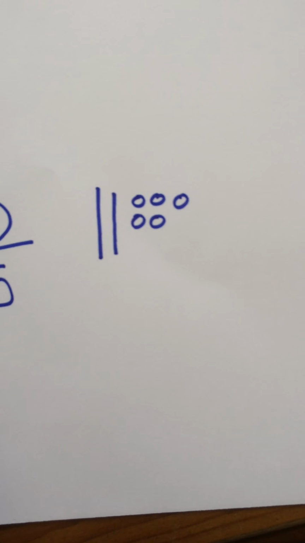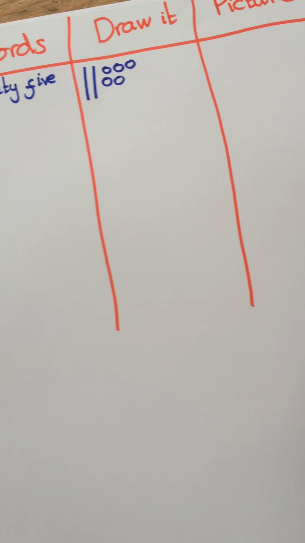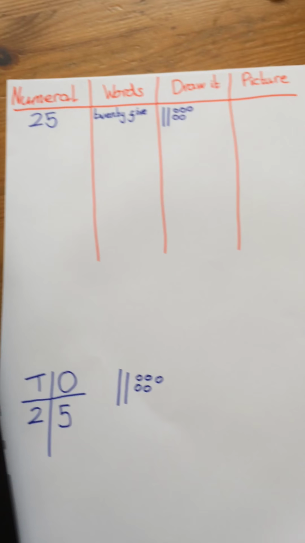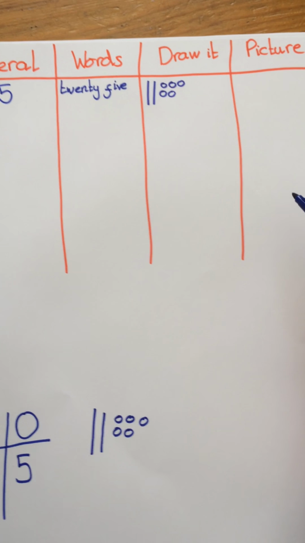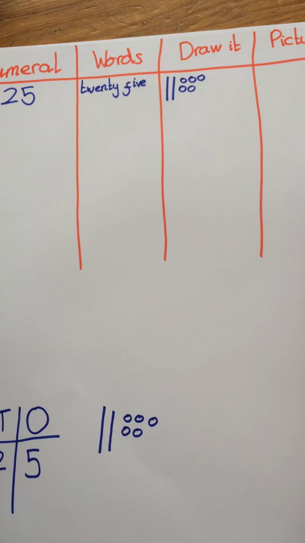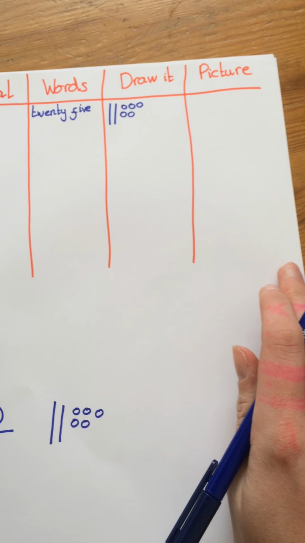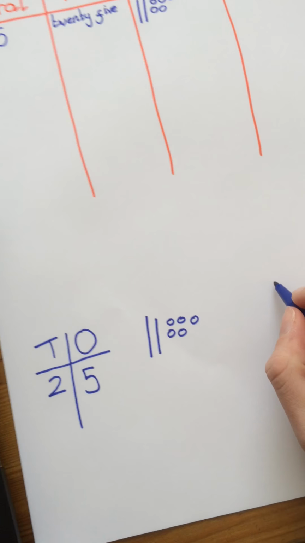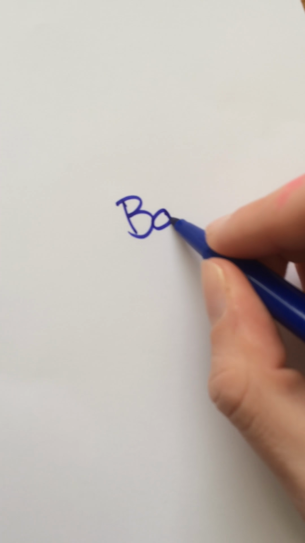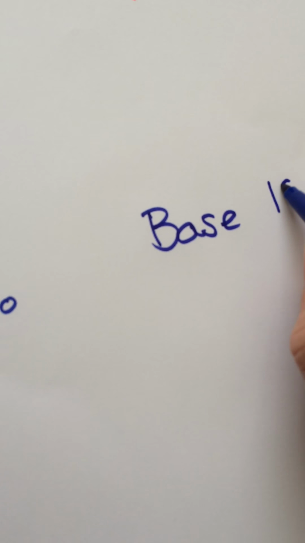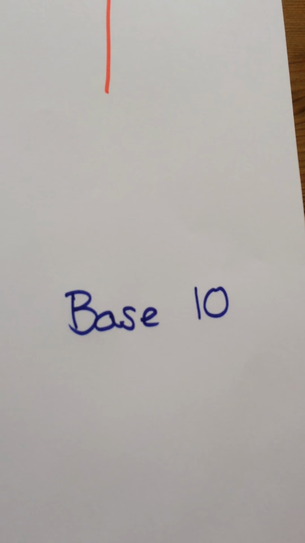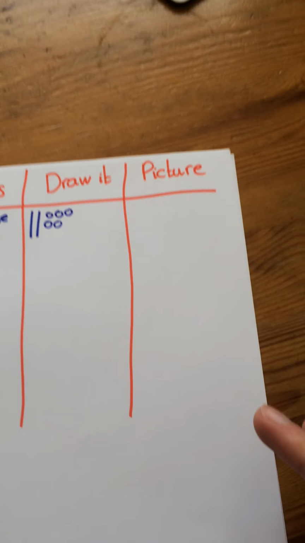There we go. And as you can see, it's the same there. So there's a couple of different ways that you can use to work out how to draw it in chips and peas, or tens and ones. And you can find that called base 10 on the internet as well. But at school, we generally tend to call it tens and ones, or chips and peas.